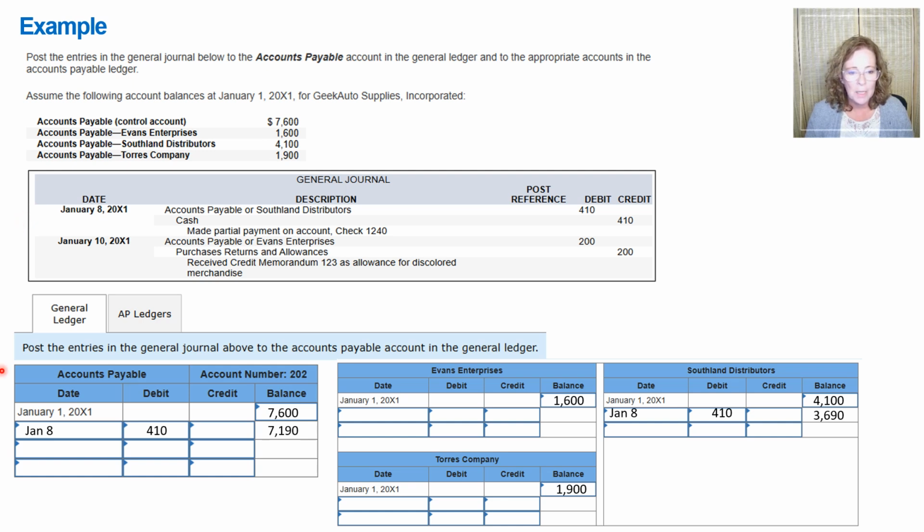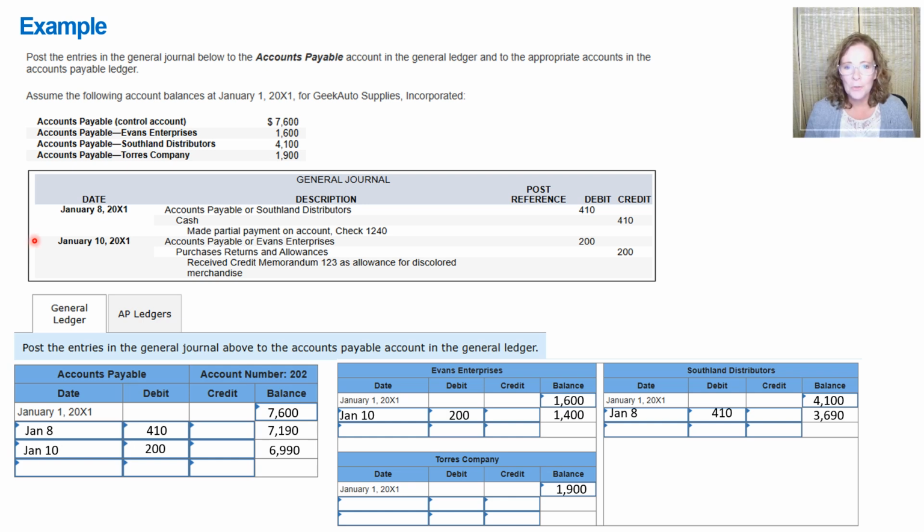We first go to the accounts payable account and write the date, and then the debit of $410 into the accounts payable account. And then a credit to the cash account, which is not shown here. Then we go to the subledger for Southland Distributors and write the date into the date column and post the debit of $410 to the subledger account.